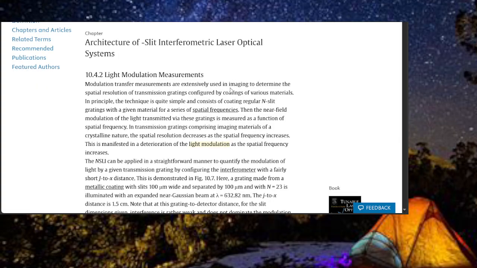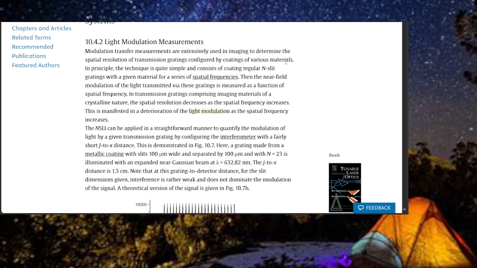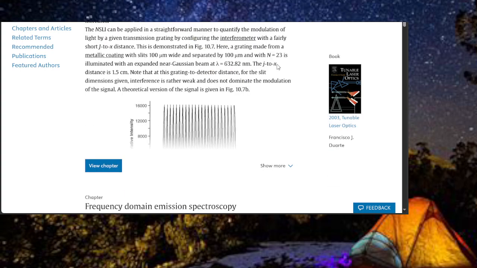Slit interference laser optical system. Slit interference. The near-field modulation of the light transmitted via these gratings is measured as a function of spatial frequency, and in transmission gratings, the spatial resolution decreases as the spatial frequency increases. This is manifested in a deterioration of the light modulation as the spatial frequency increases.